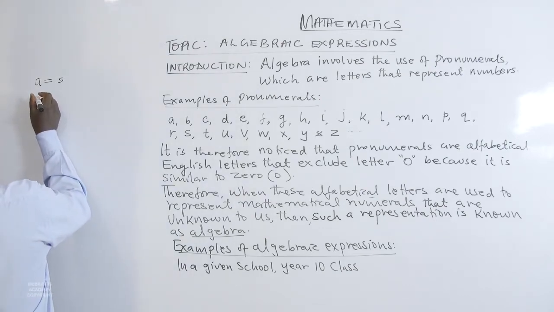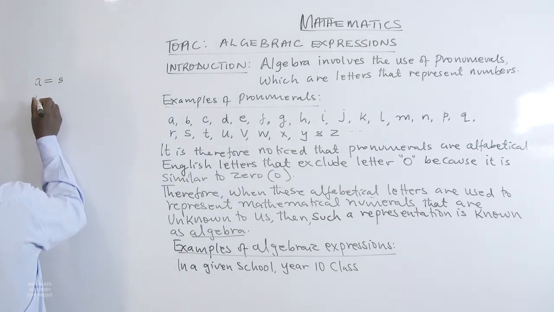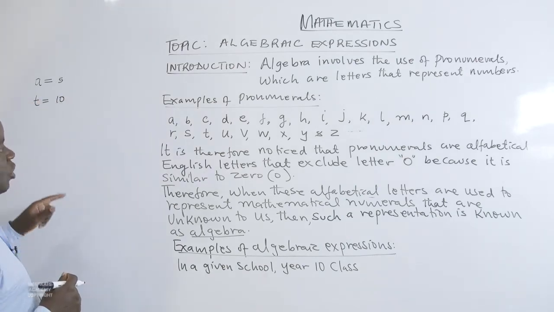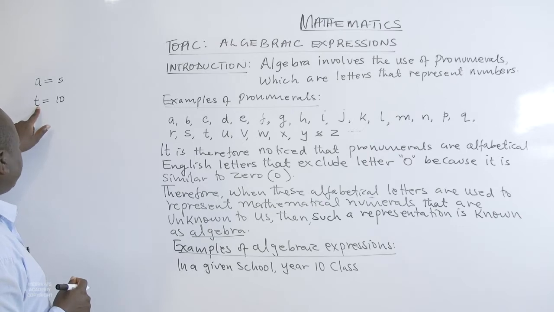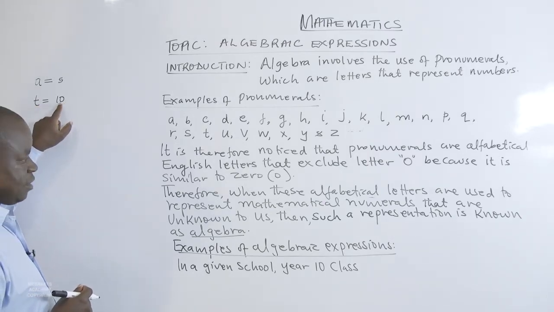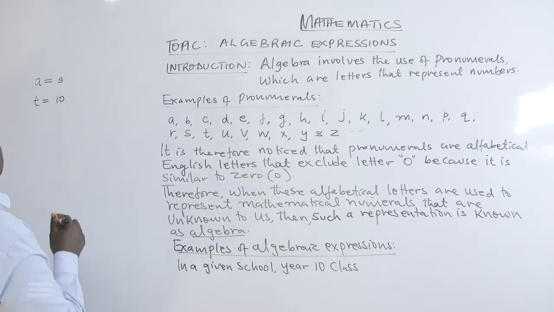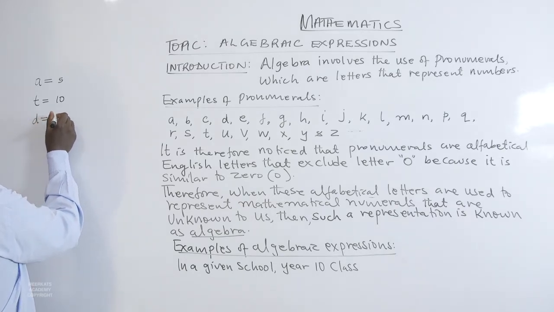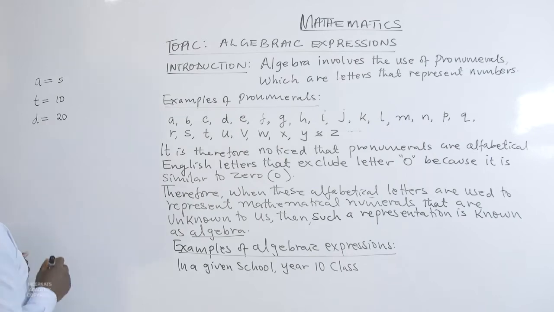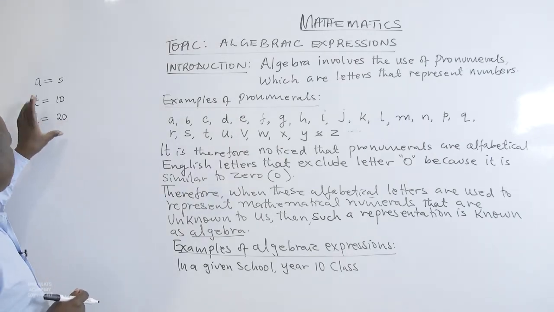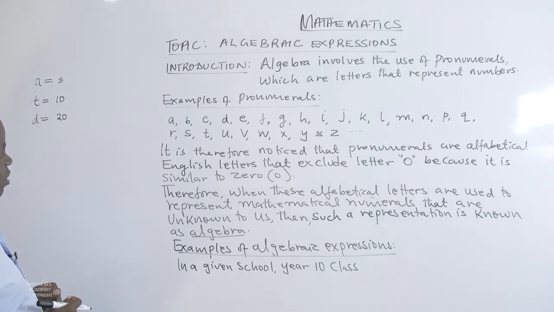We can also say let T equal 10. If T is a letter and it represents the numerical number 10, then this is algebra. We can also say let D represent 20. If this is a correct mathematical expression, then this is called algebra.